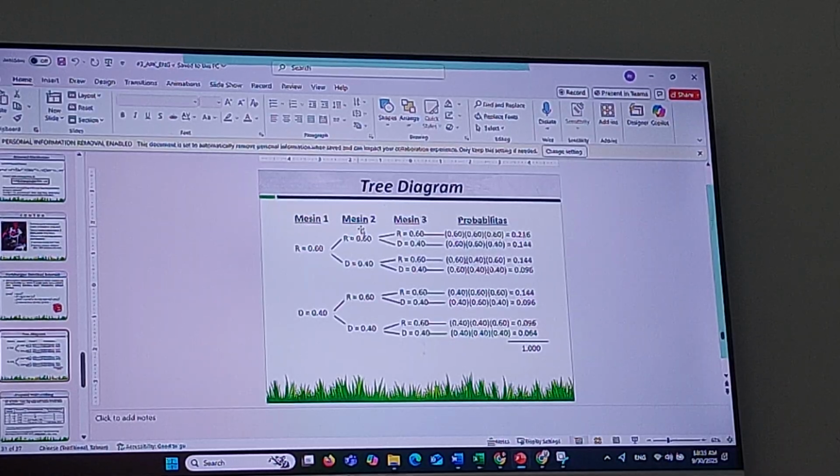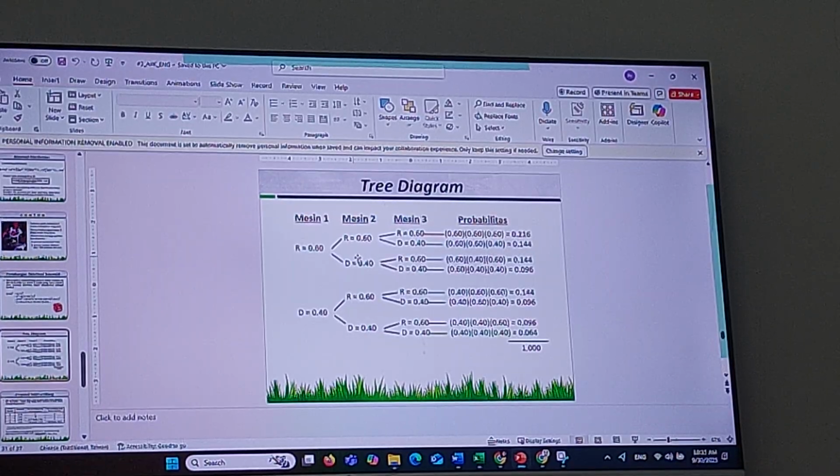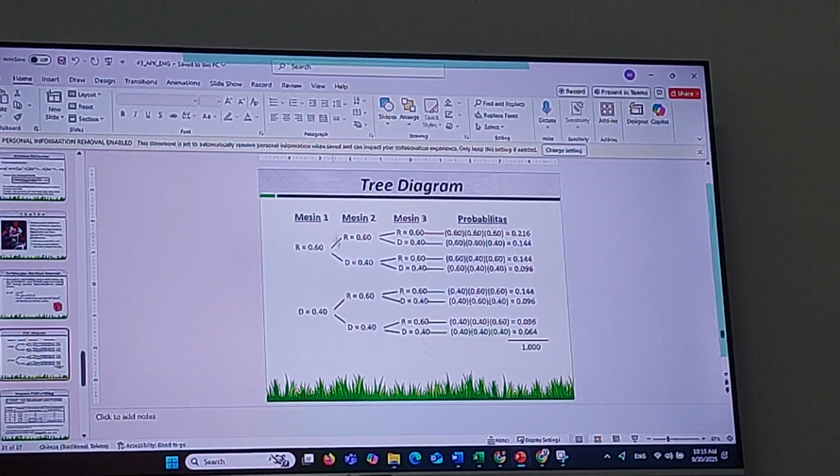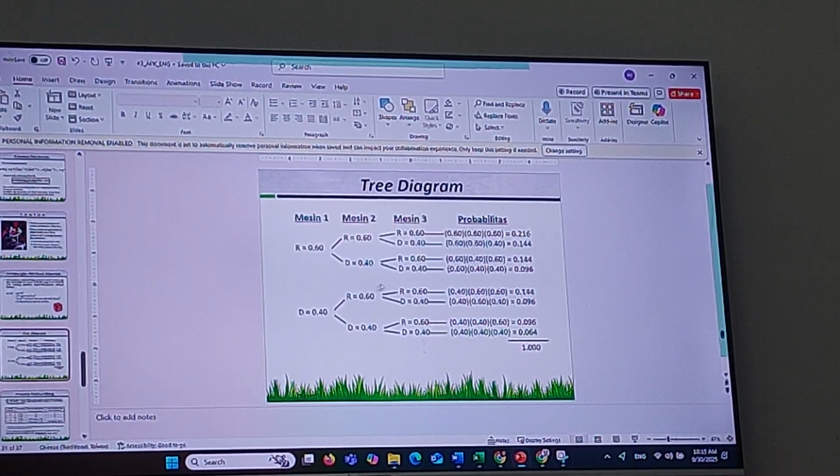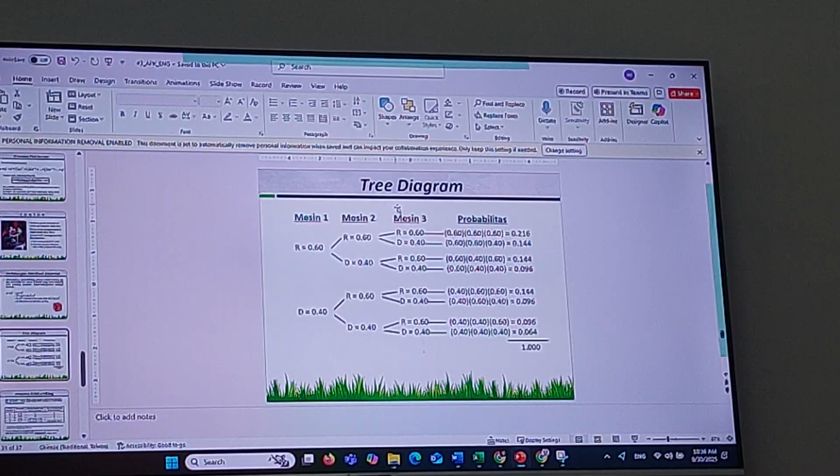And also the second machine has the same things: running or not, running or delay, running or on time. So we divide it into 2. Okay, and then continue with the machine 3. Divide into R and D. So what would we do if we have 4 machines?